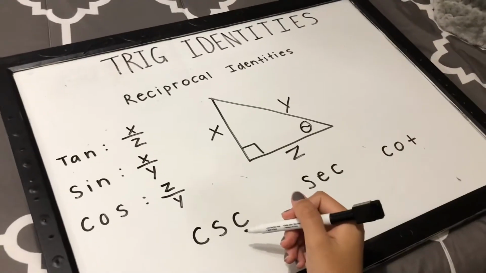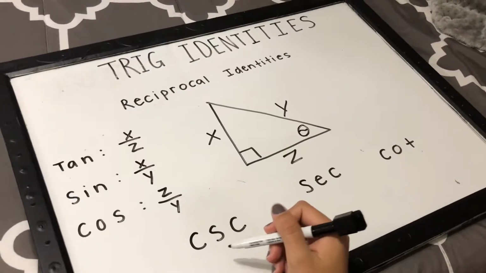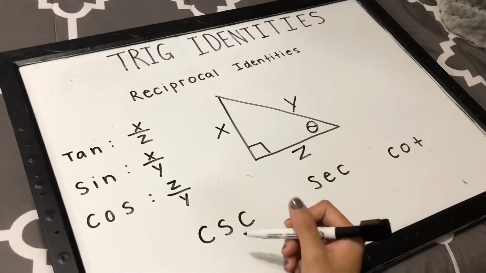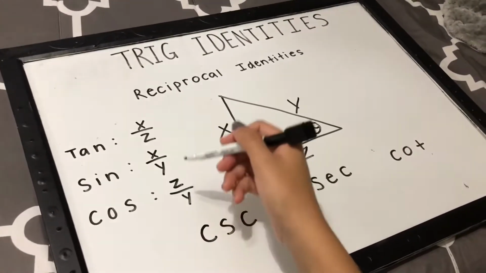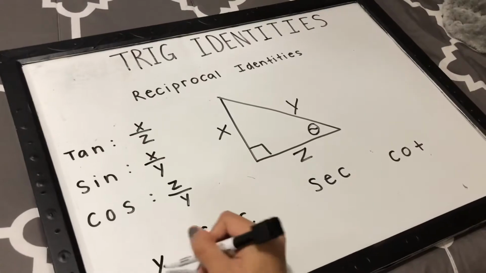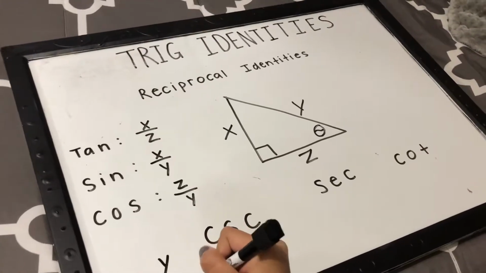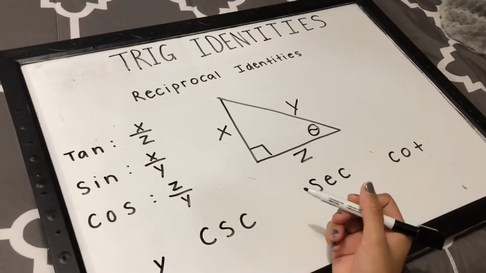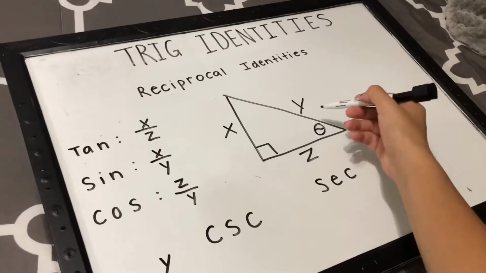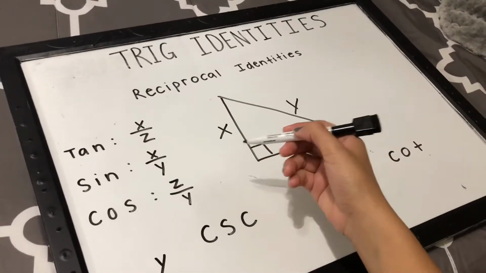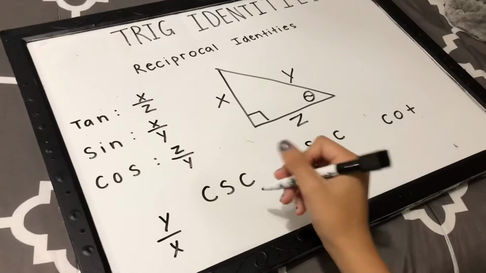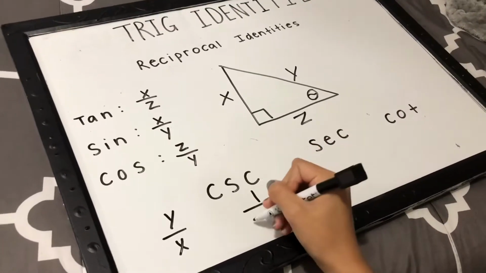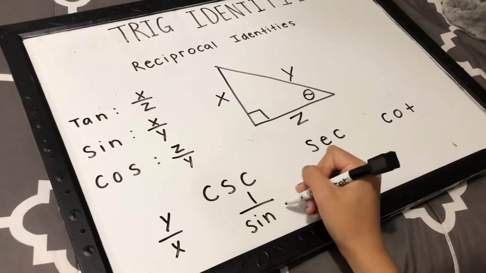So for example, cosecant would be the reciprocal of sine. So instead of being x over y, it would in turn be y over x. It would be the hypotenuse over the opposite. You will most commonly see this written as 1 over sine theta.